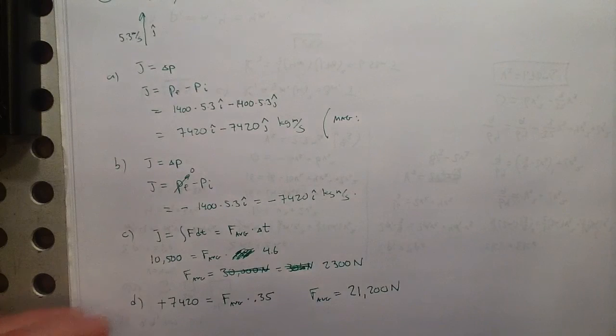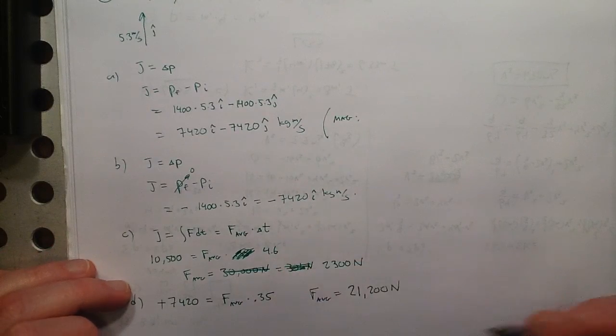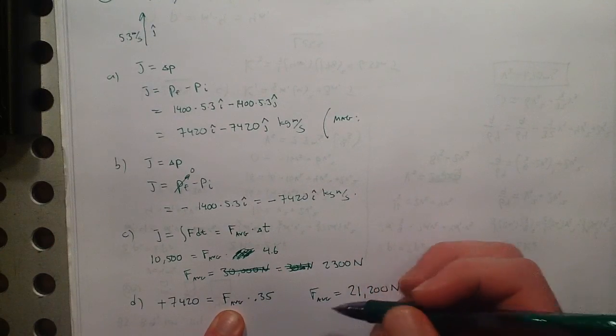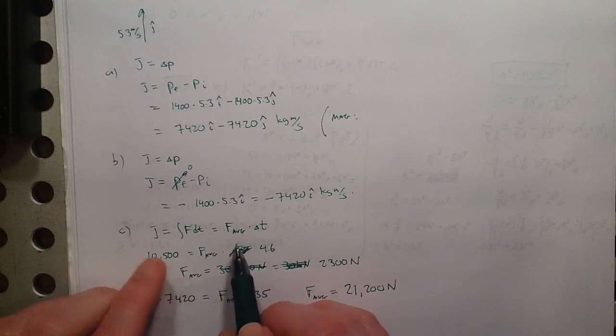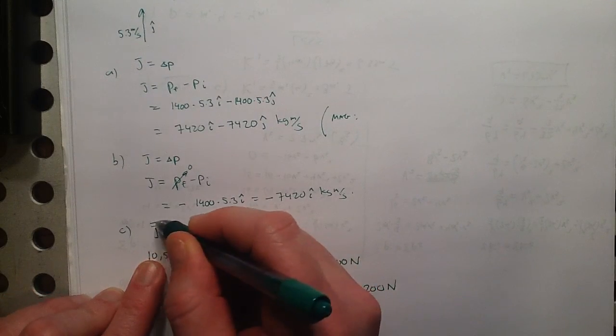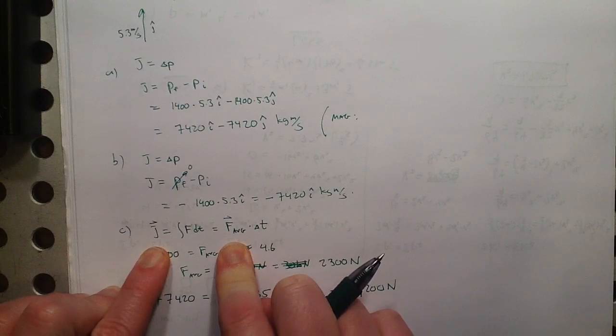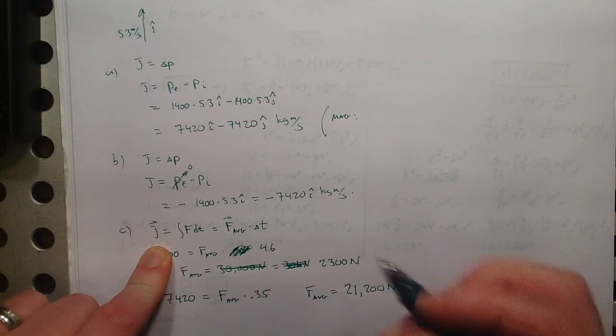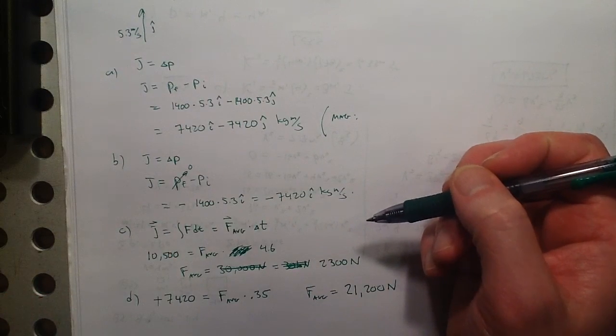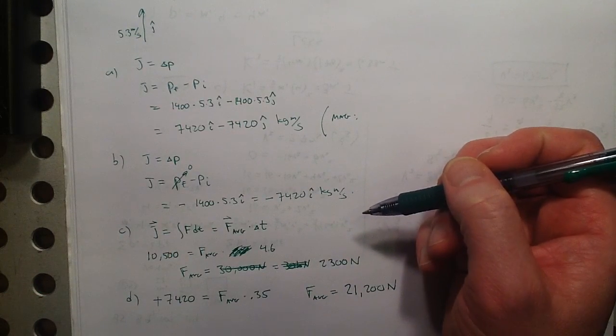Okay, and then last they want in part E, what's the direction of the average force during the turn? Well, if you look at this equation, the direction of the average force, this has a direction, and this has a direction, and they must be the same direction, right? So what is the direction of the impulse? Actually, is it the turn or the crash? During the turn.